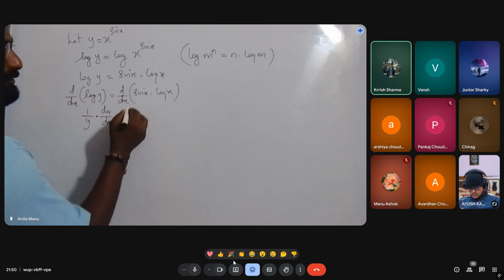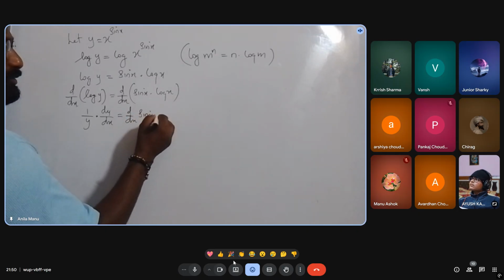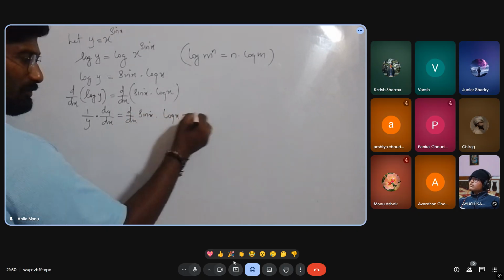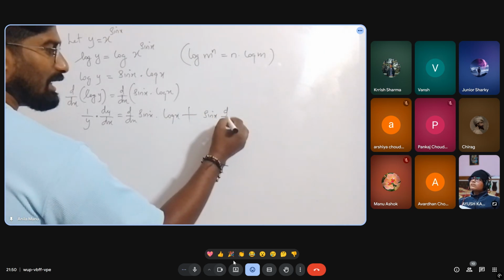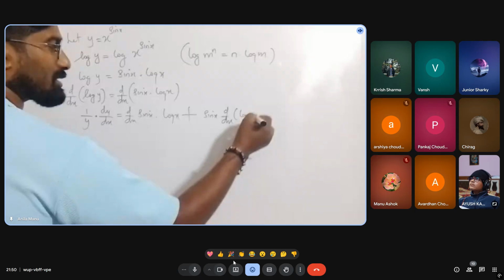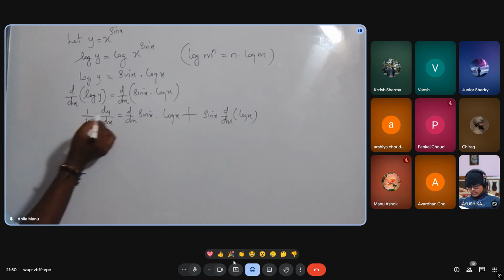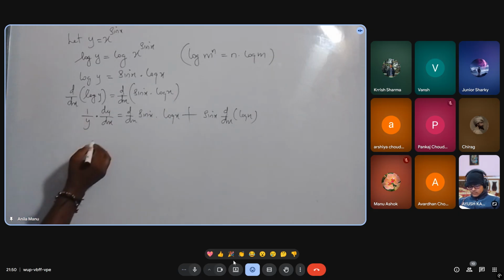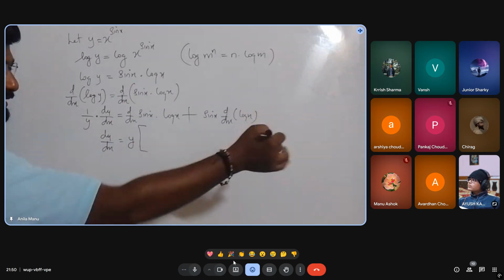Got it? Derivative of first function, that is d by dx of sin x into second function log x, plus first function sin x into d by dx of log x. Yeah. Now we have to find here dy by dx, right? That's why y we have to transpose. So dy by dx is equal to y when I transpose y into the whole thing.